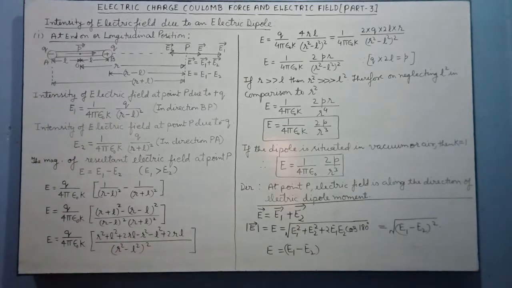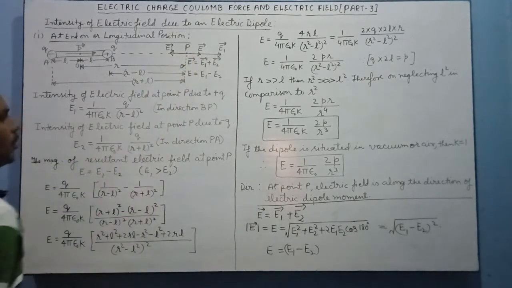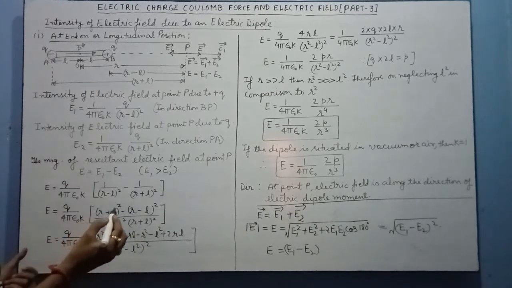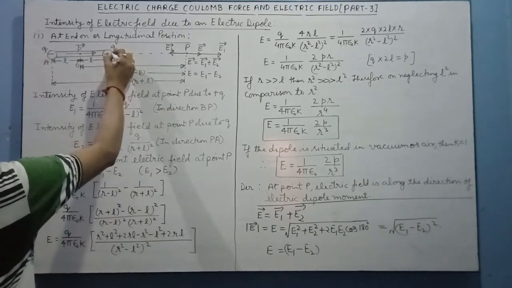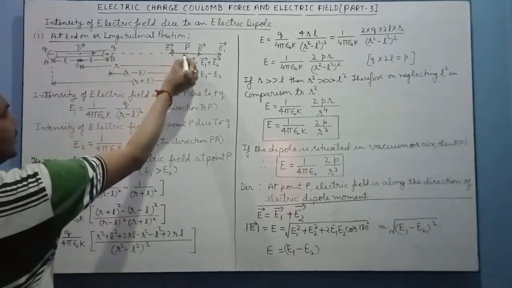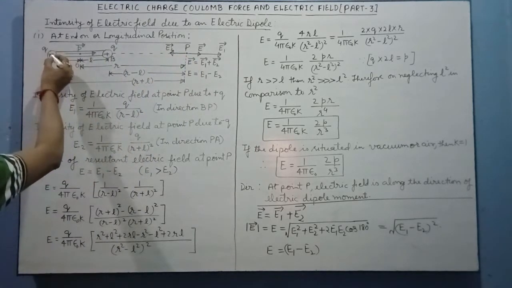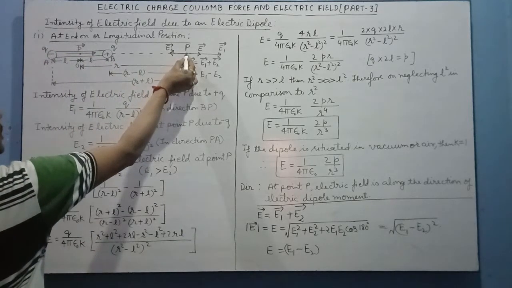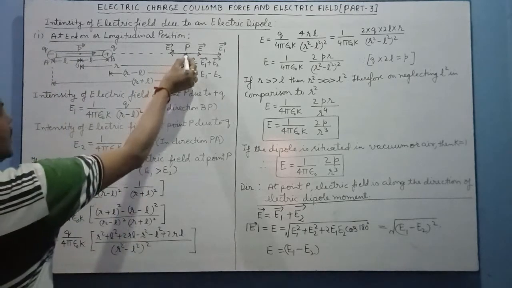You can see here, the positive test charge will experience a greater force of repulsion due to this charge plus Q, because charge plus Q is nearer to P than minus Q, and the attraction force on point P due to this charge minus Q will be less.